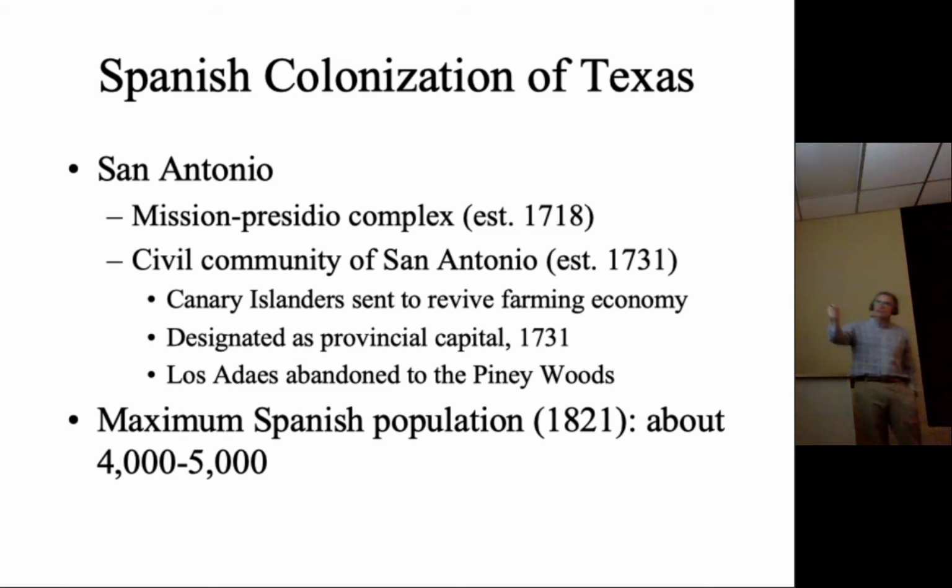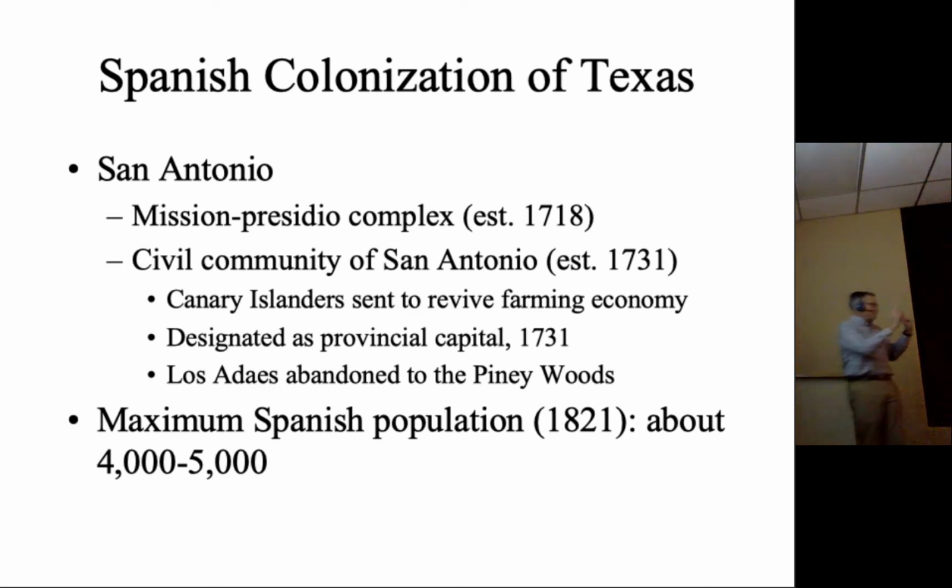But San Antonio is the most important colony within Texas by far. It was established as a civil community, and again, here are the Canary Islanders I was referring to, to revive the economy there. And by 1731, San Antonio was designated as the provincial capital of Texas.